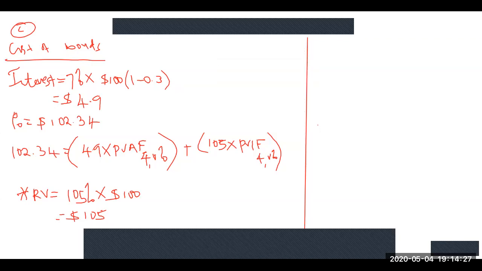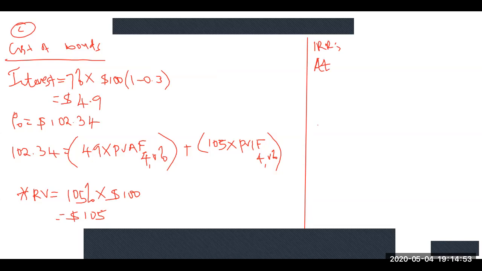Now we use the IRR method because we have the market value, we have the interest, and we have the redemption value. So what trick did you use? I first checked what it would be if it were an irredeemable bond.